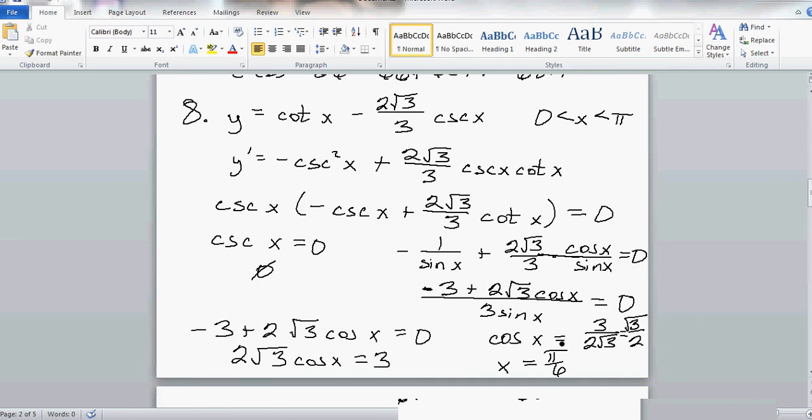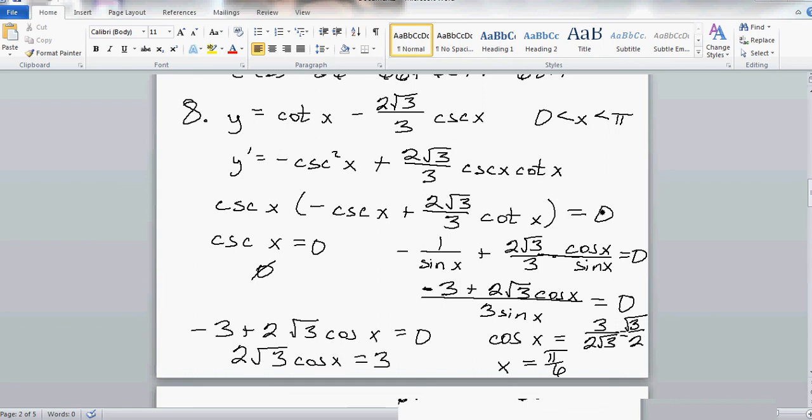Now, just to verify, we could plug this in, and we actually do want to do this. The cosecant squared of pi over 6 is some negative number, compared to this, which would be positive and positive, so it becomes a positive number.